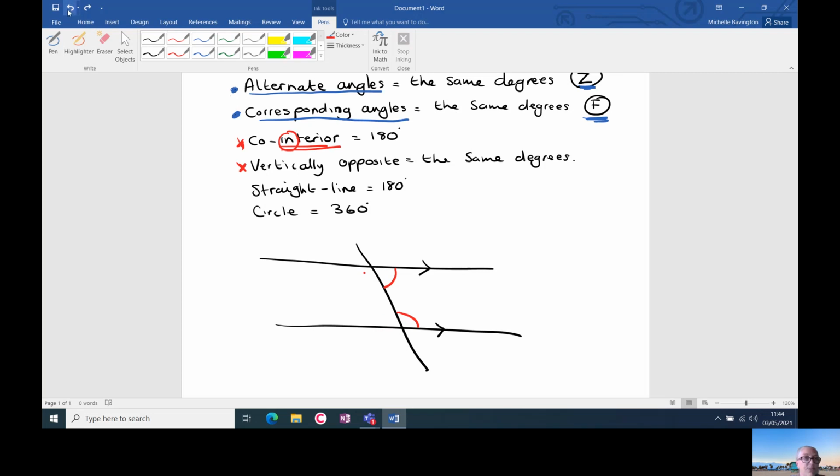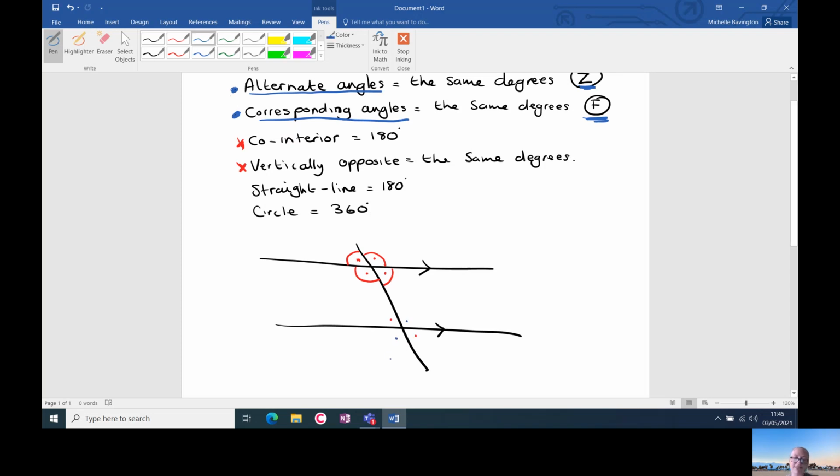Vertically opposite, I think it's one of the easiest. I like vertically opposite. It's opposite each other: this and this.